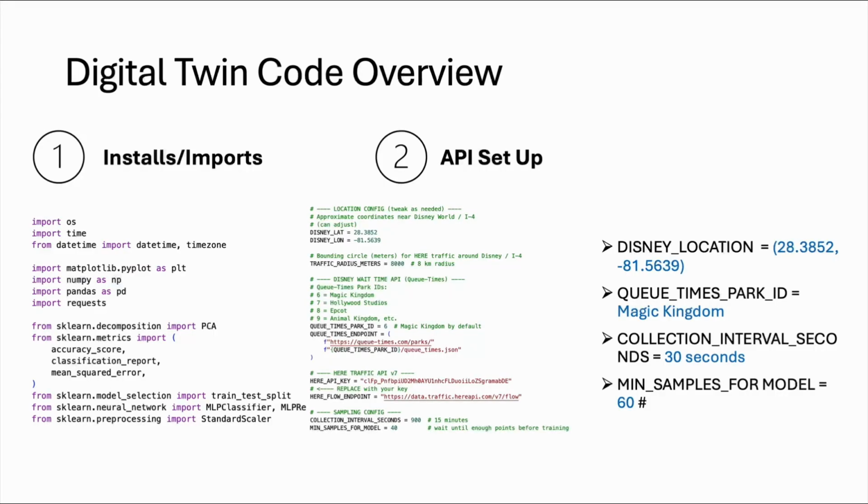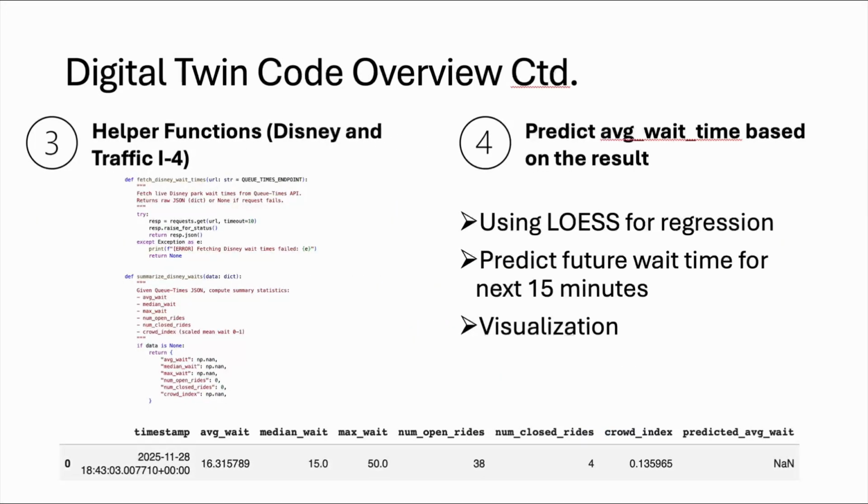We're going to process the data of the Magic Kingdom. We're going to collect the data every 30 seconds, and we will wait until there are 60 samples for the model to run. Helper functions are defined as well. We will be using those functions to fetch and clean the data.